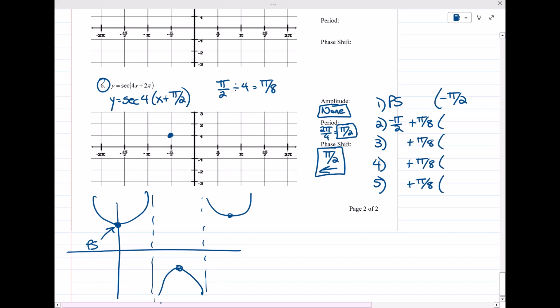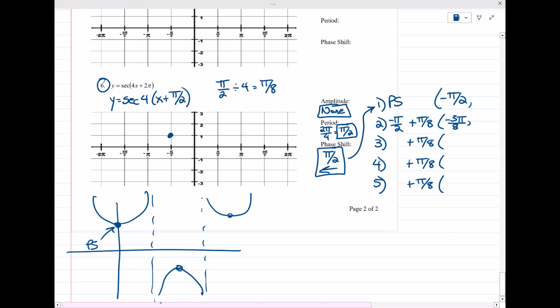So let's see. -1/2 plus 1/8 is -3/8. Again, if you want, you could type it into your calculator: -1/2 plus 1/8. That's the phase shift.